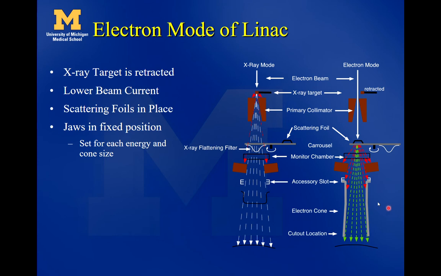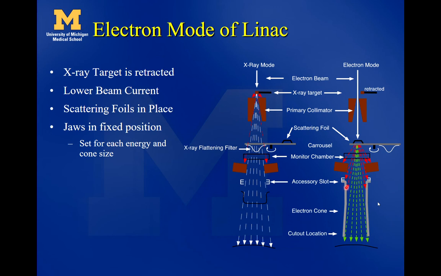And you can see, because of the position of the scattering foil and the relatively large scattering spot of the electron foil, we need this cone to help contain all the electrons, or else the electrons would leak out and deliver dose to parts of our patient far away. So it may be, let's say, like this particular ray right here.